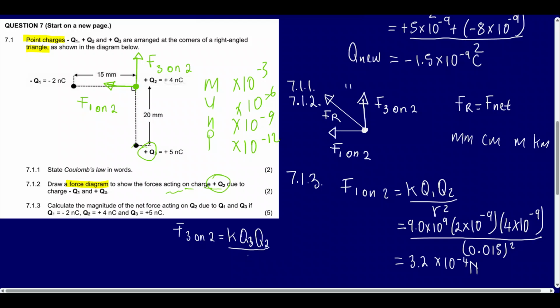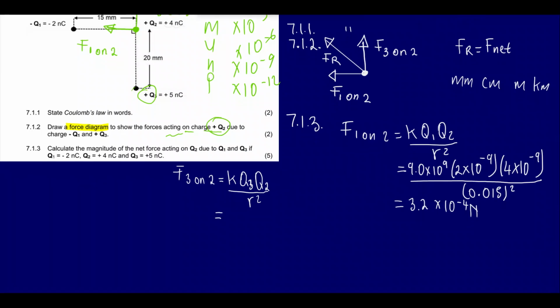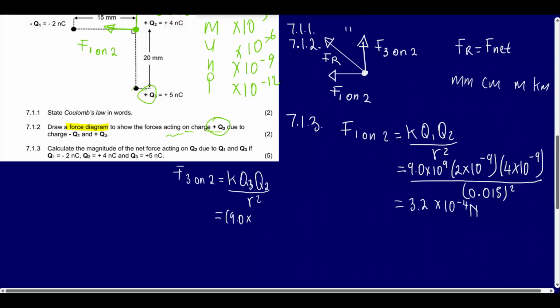It's k Q3 Q2 over the square of the distance between those two charges, right? So what is k here? It's 9.0 times 10 to the power of 9. Then what is Q3? Charge 3 is 5 times 10 to the power of negative 9. And then Q2 is 4, so we put 4 times 10 to the power of negative 9, all over the distance between the two charges.